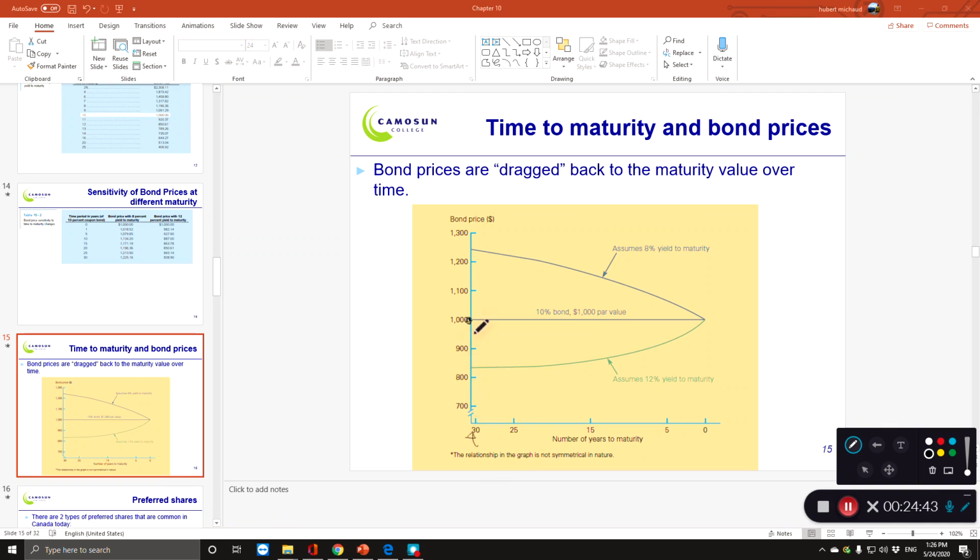2 weeks after the bond is issued, there's a shock. The interest rate goes up by 2%. Now the price of the bond went down and it's now 838. You can see it here, right? On this side.